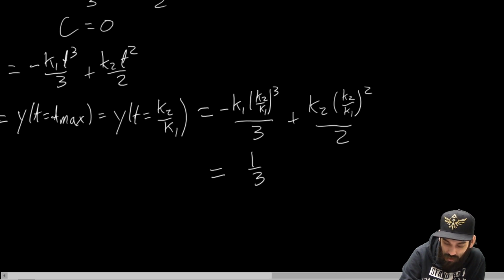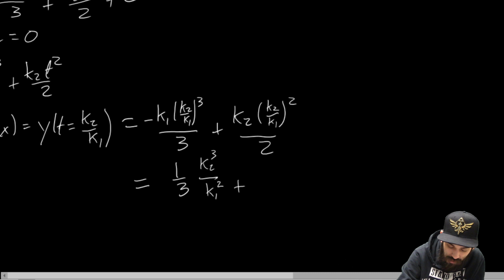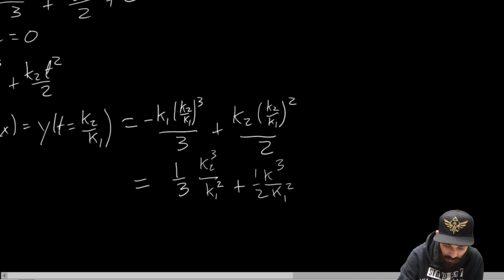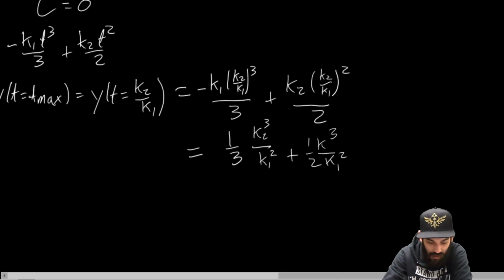We can cancel a k1 here and here, so this is going to be k2 cubed divided by k1 squared plus k2 cubed divided by k1 squared with a half here. Okay, so now we can look at this in terms of dimensional analysis. Sorry, I lost a factor of the subscript 2 here.